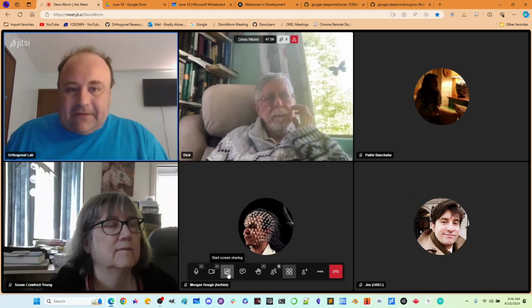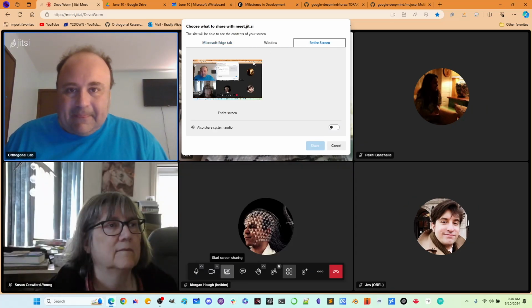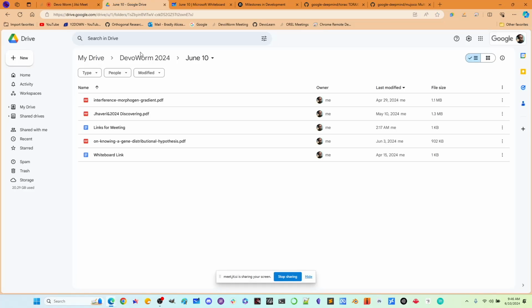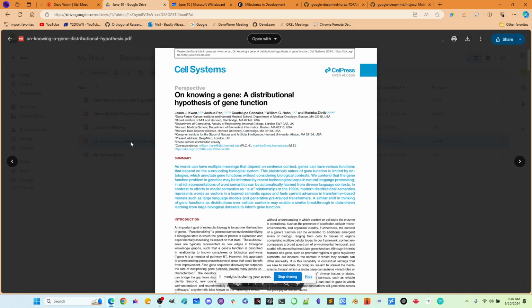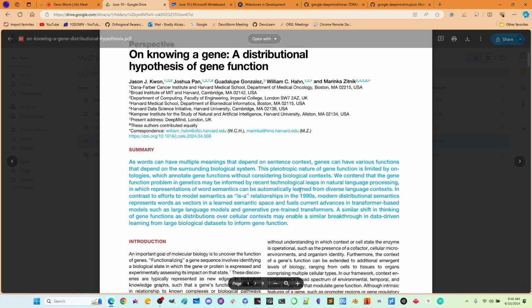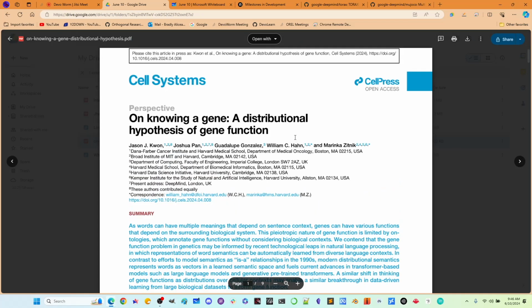Okay, so the final thing I wanted to talk about today is something that Morgan shared, and I've been wanting to do this for a while. This is a paper that was published recently in Cell Systems, a perspective, as they call it, which is a kind of hypothesis paper. It says, Unknowing a Gene, a Distributional Hypothesis of Gene Function.